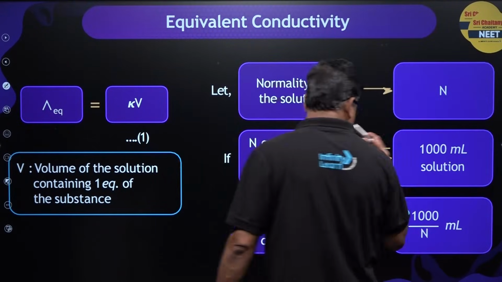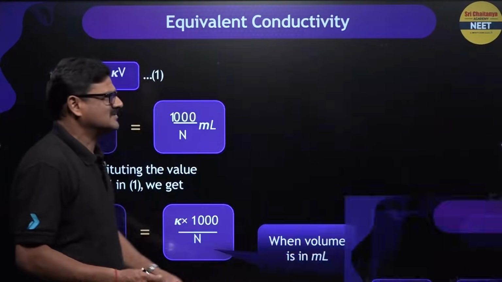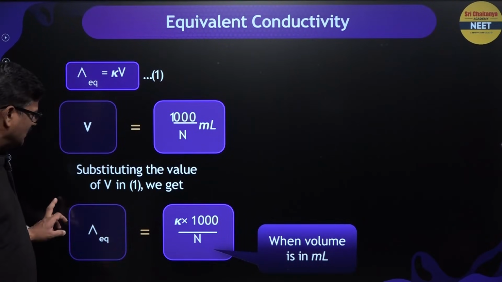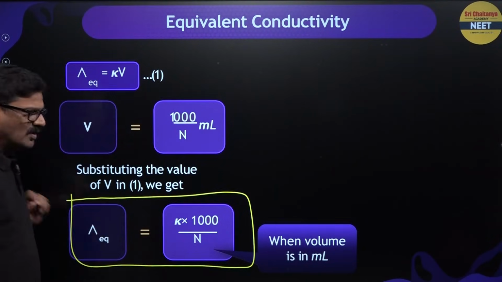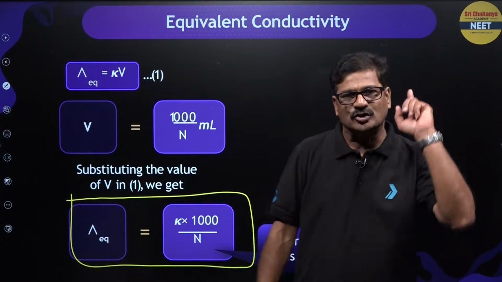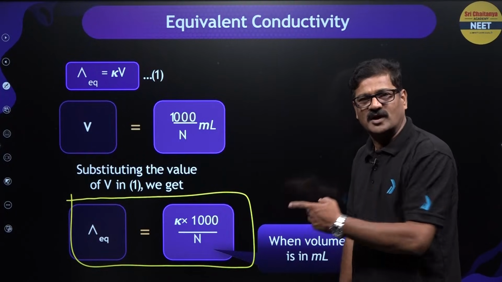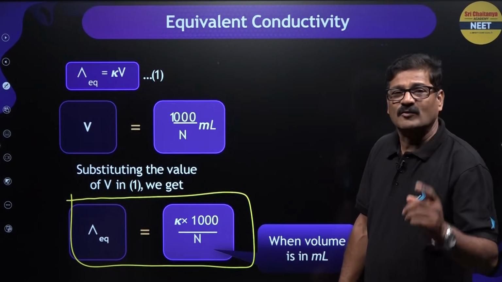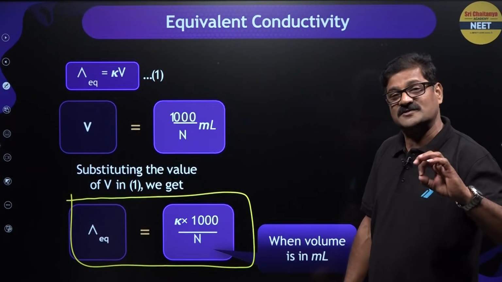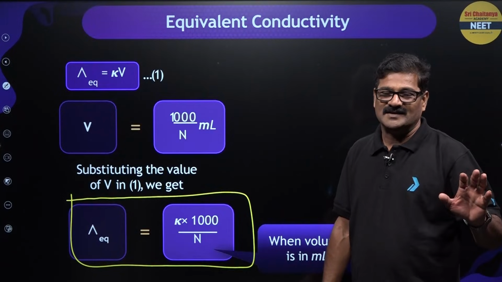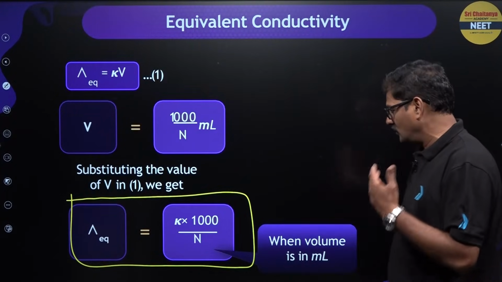Again the same thing, you don't have to worry, just like molar conductivity. Equivalent conductance is equal to specific conductance into 1000 upon normality. N stands for normality, whereas in molar conductance M stands for molarity. This is when the volume is in milliliter.